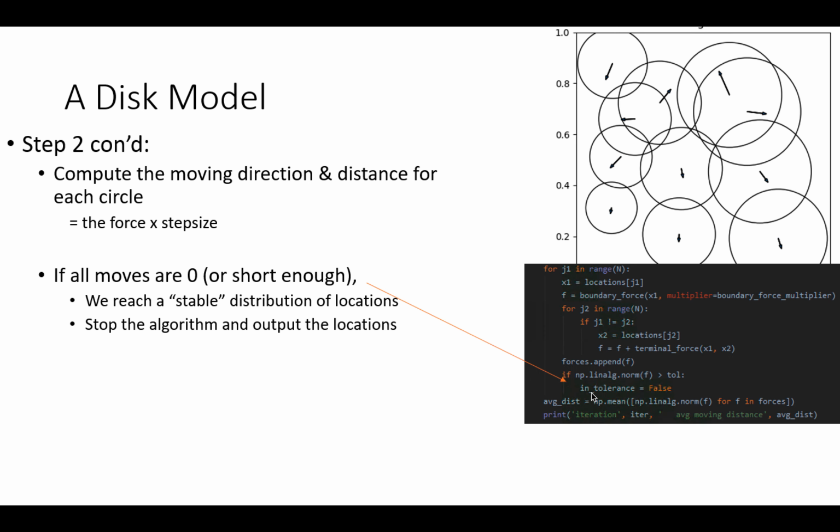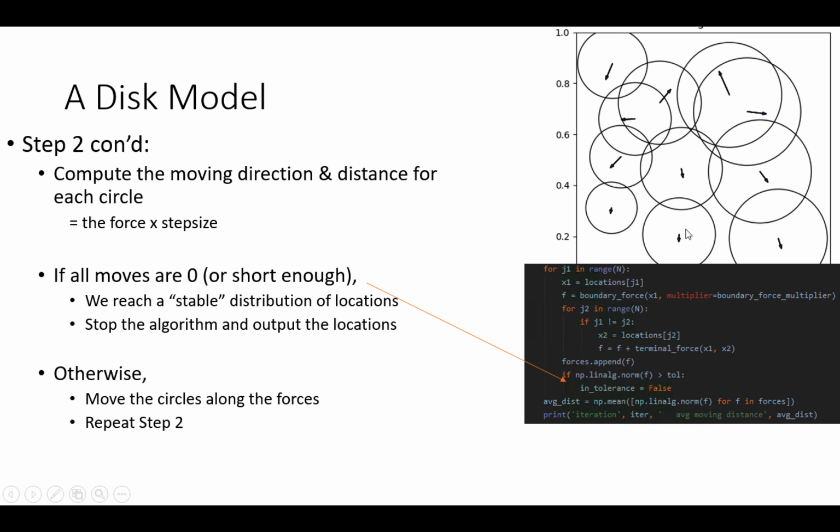I have a flag for whether it's in the range of the tolerance. If it's not, I turn the flag to false, and later on I will continue my algorithm. Otherwise, I will jump out from my iteration. The iteration is not shown in this code, but you just need to understand we have a stopping criterion like this.